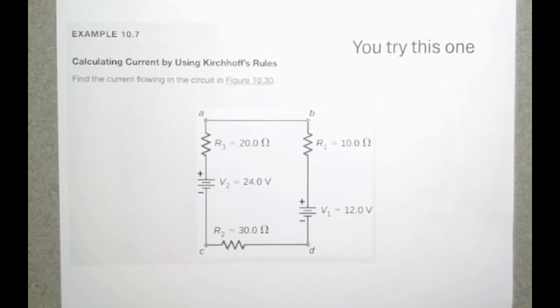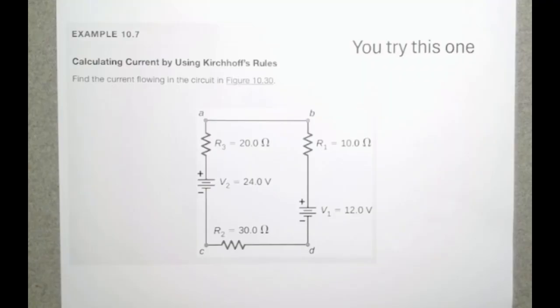You have to pick a direction for the current. If you go clockwise, V1 is subtracted, because that's a voltage drop. Going counterclockwise, voltage increases by 24.